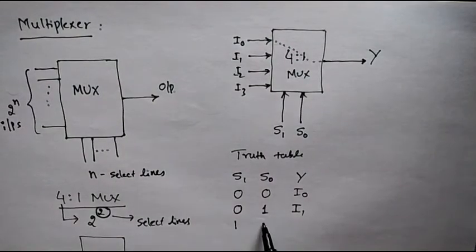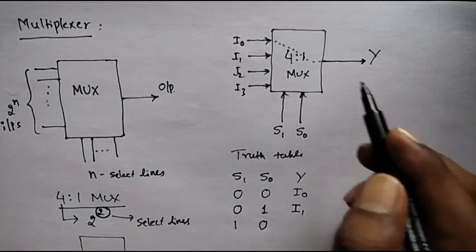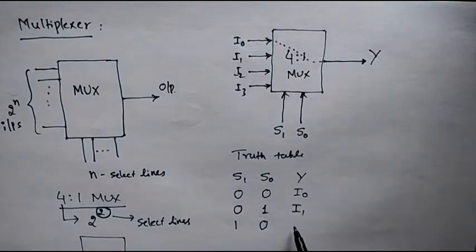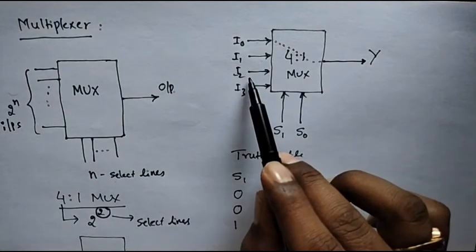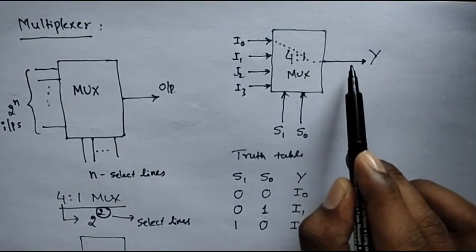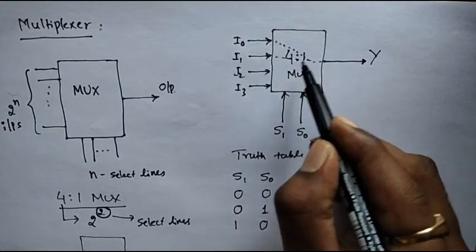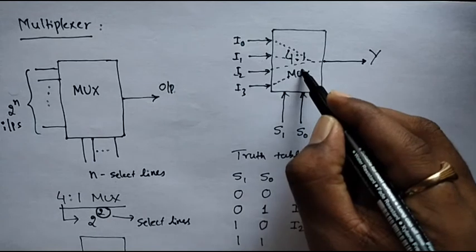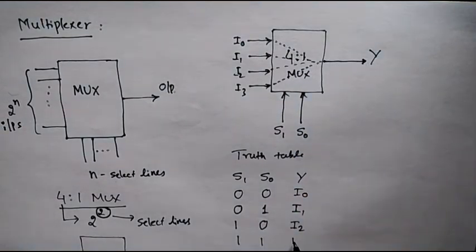When S1 is 1 and S0 is 0, the output line is connected to I2. That is, whatever data is present at I2 will pass to the output line. Like this, when both are 1, 1, it will choose I3, which is connected to the output line.